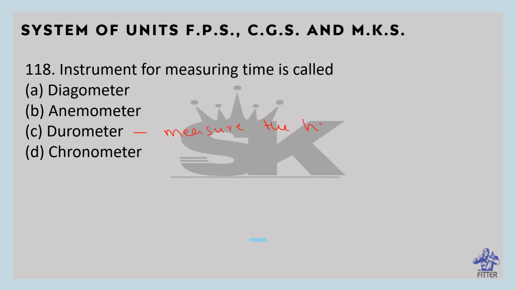Diagometer is used to measure the amount of electricity transmitted by different bodies. So here the answer is chronometer, which is used to measure the time.